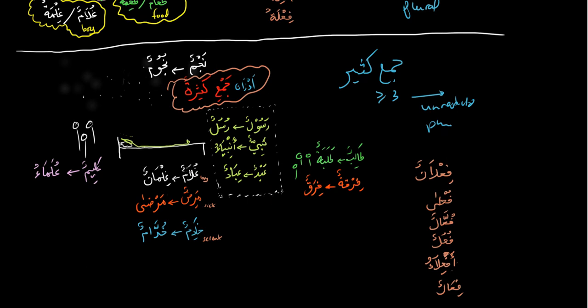So this غلام غلمان مريض مرضى خادم خدام. This غلام who is marid, who is a servant, خادم, got sick, see, and who comes to visit him? Rasulun, rusulun, nabiyun, anbiya'u, abdun, ibadun. Okay. Along with him come some alimun, people who are knowledgeable.